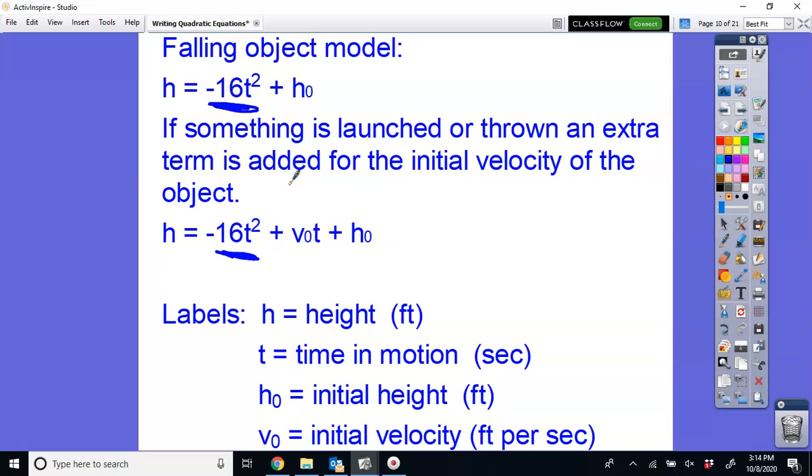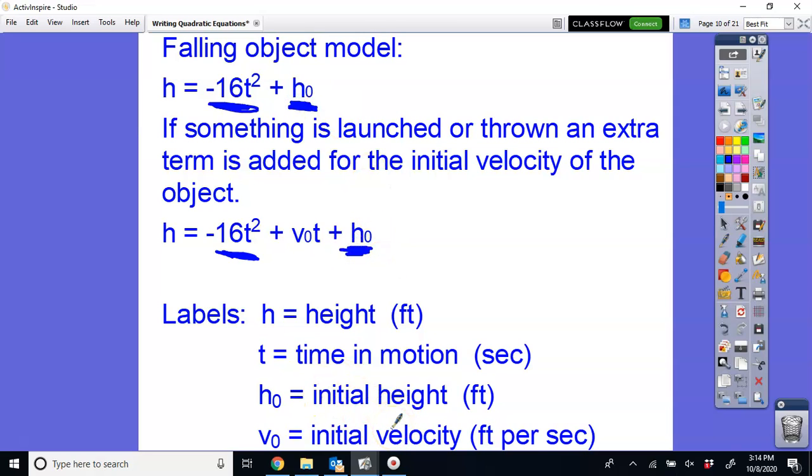So every second, you're squaring it, and then you're multiplying it by negative 16. That is how gravity is affecting the object when you throw it or launch it, or you drop something like a falling object. The h sub 0 is the initial height.